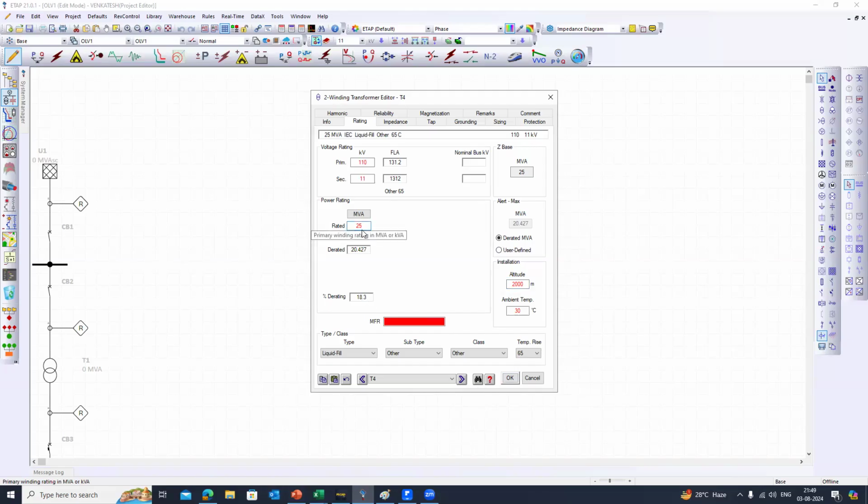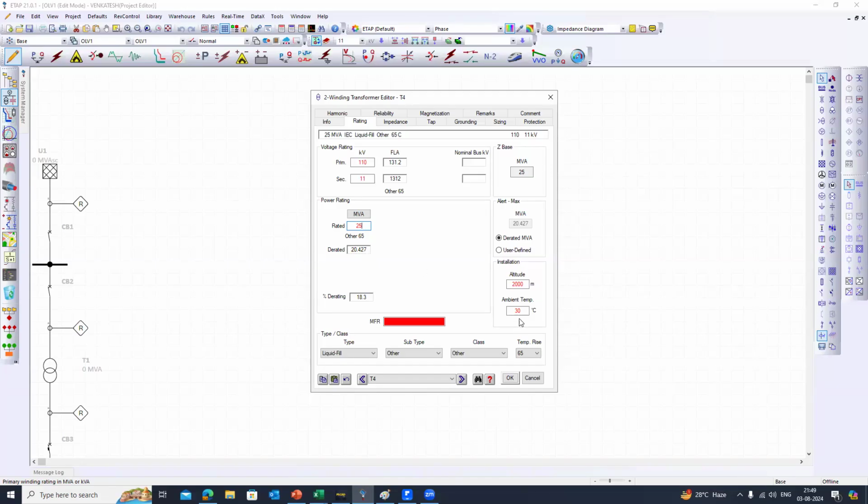That means even though your transformer is rated for 25 MVA, because of the altitude you cannot use it for its complete rated MVA. You can use the transformer only up to 20.427.